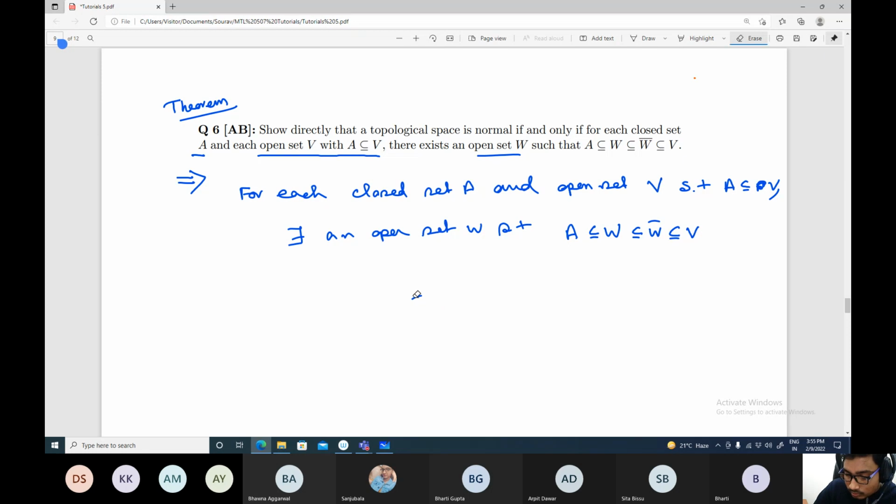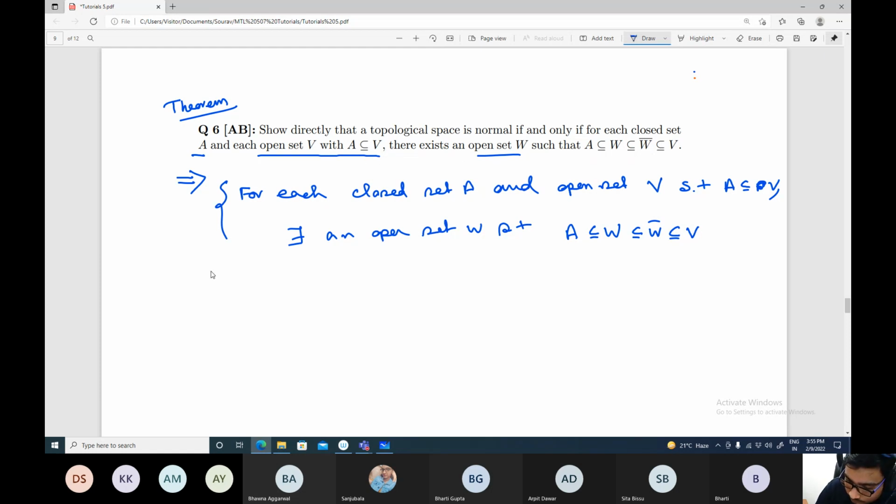You may feel this is a non-trivial argument, or difficult the first time, but if you read this statement again and again, you will understand what is going on here. So first prove the forward part.